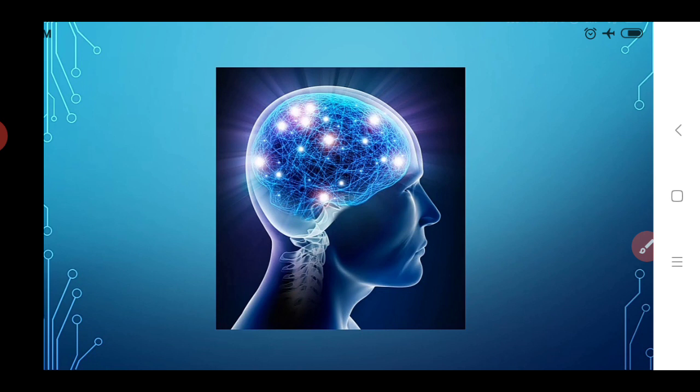How does this sensation occur in our brain? It is due to a microscopically small current flowing to the brain, from our skin to the brain.